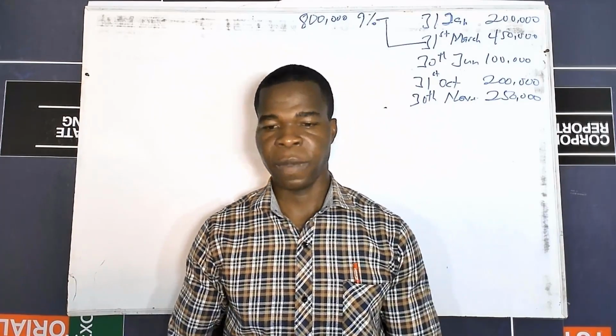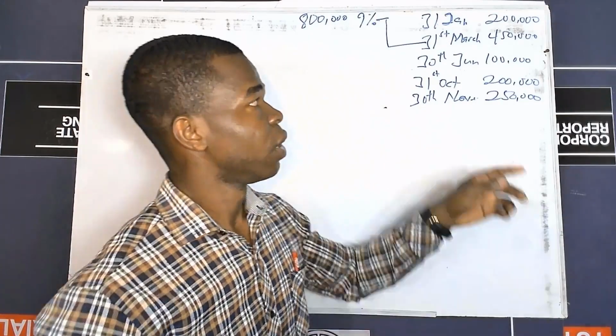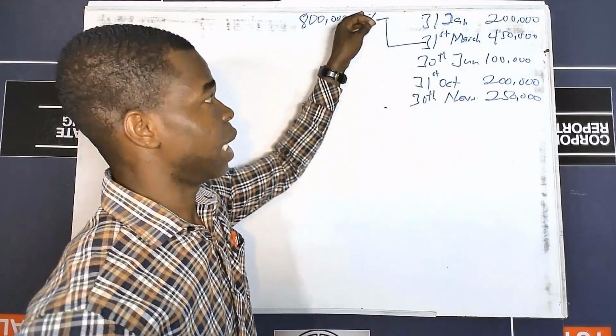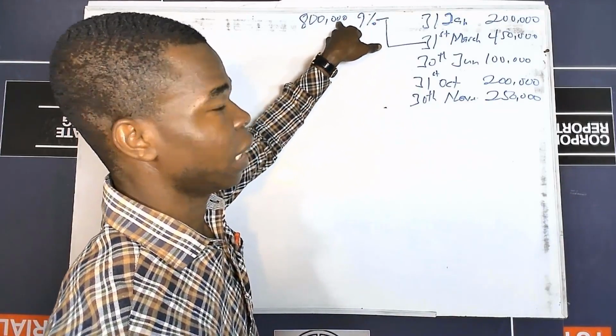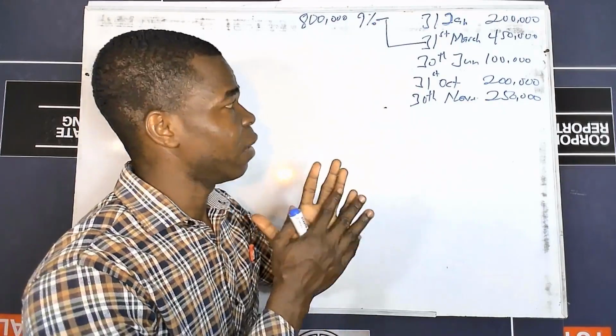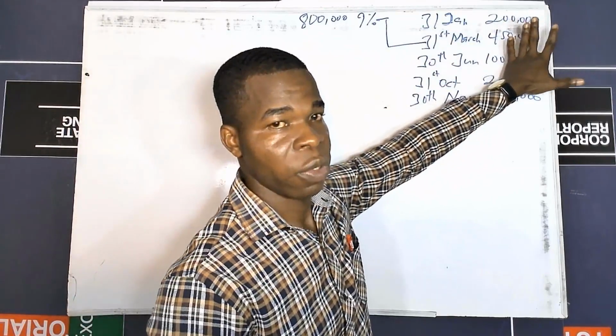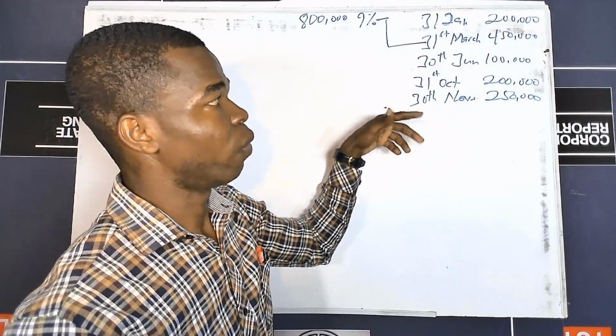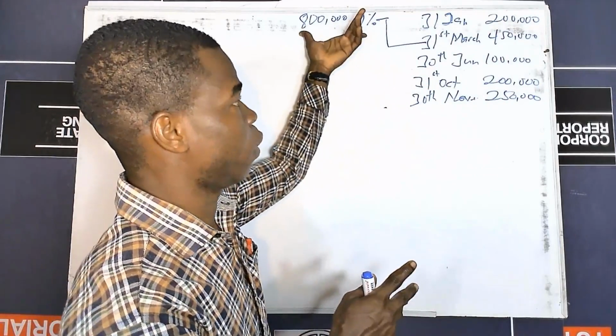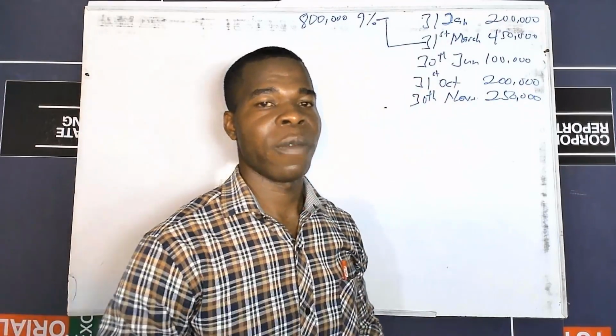These funds were specifically used for this construction. So out of the general pool of loans, they are informing us that this loan was taken specifically for the construction of the asset. It's not from the general pool.